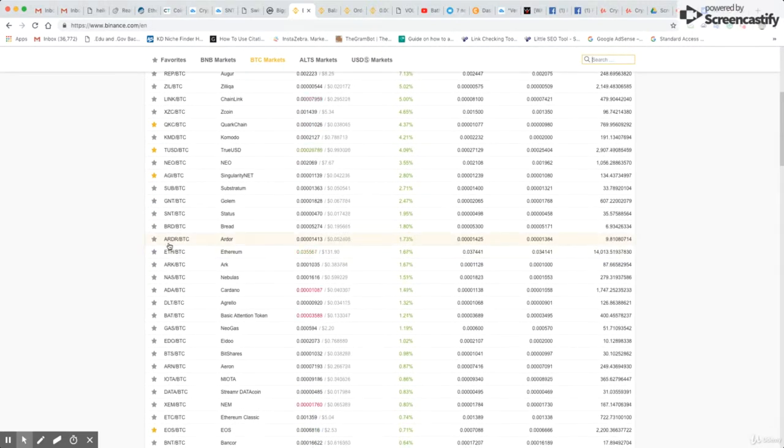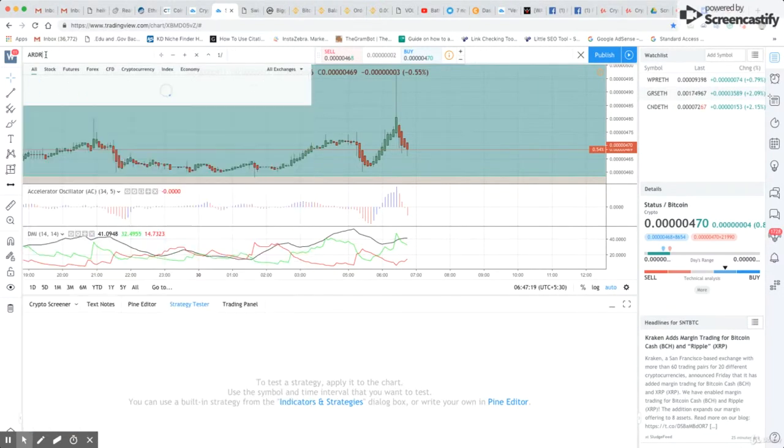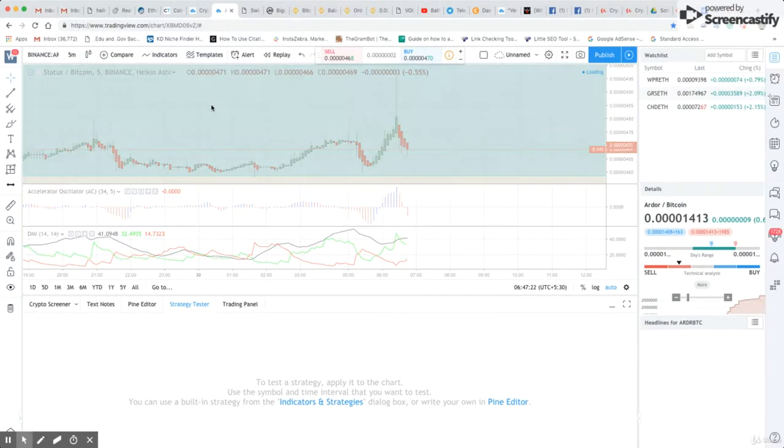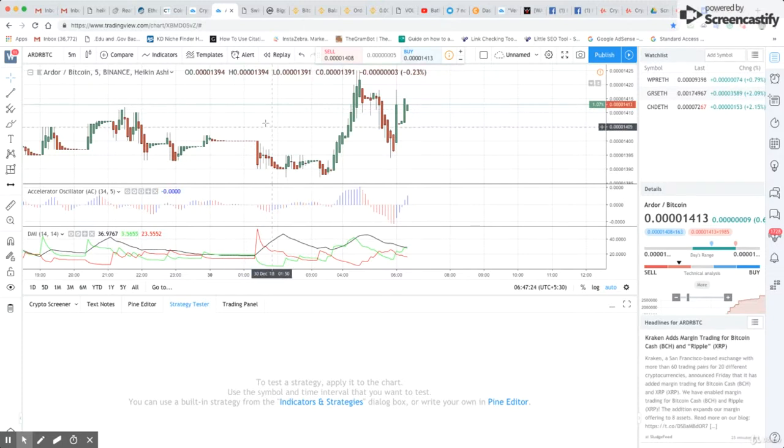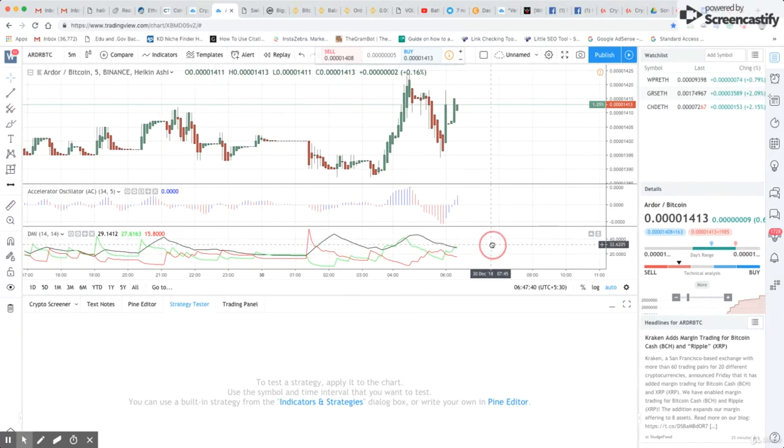Let's see, ARDR BTC, and see if it fulfills our criteria. Here also you can see the positive DI is nearly 27.6. So this is again not the trade we are looking for, but you can see it went below 10 here.